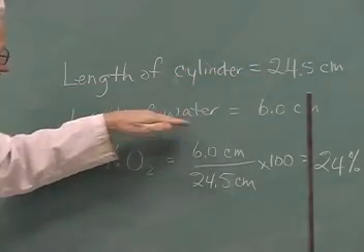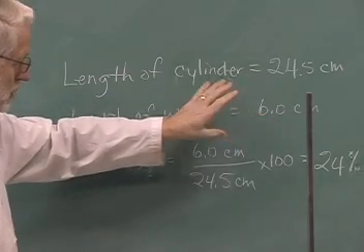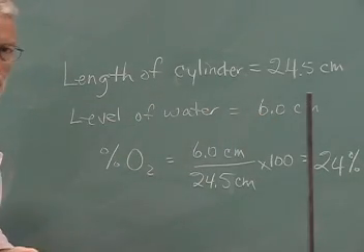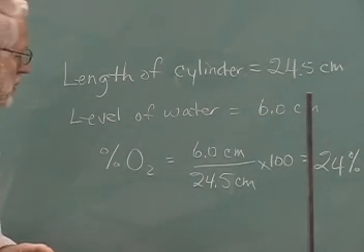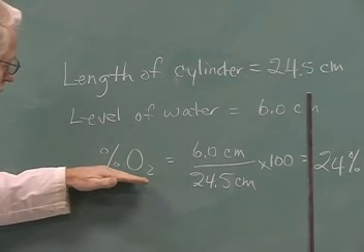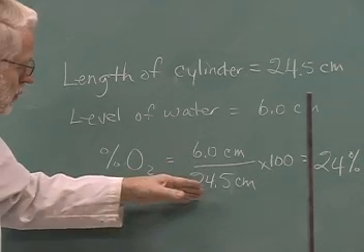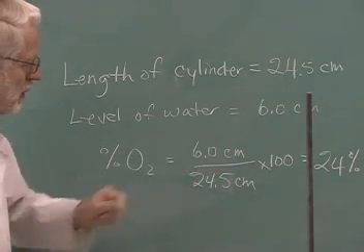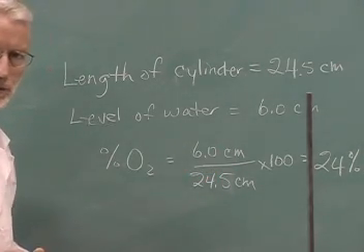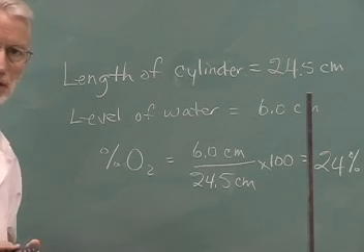The water level has risen 6 centimeters, which then corresponds to the amount of oxygen that has been consumed. And therefore the percentage of oxygen would work out to be 6 over the 24.5 centimeters times 100, or about 24%. This number is a little bit high.